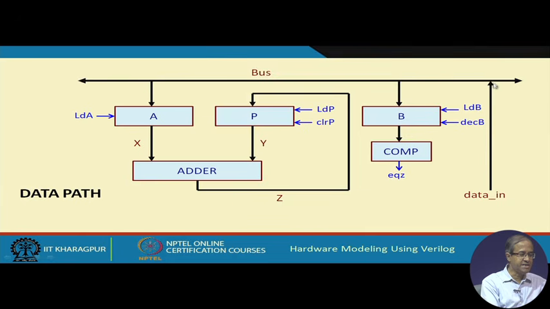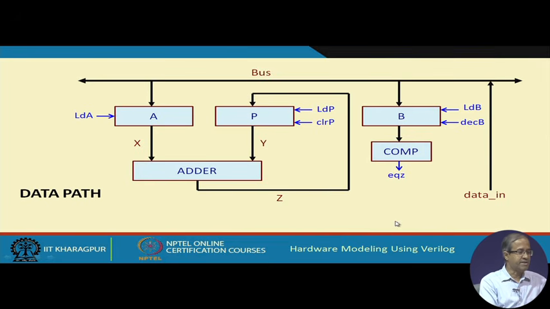From this data in, the data can go either to the input of A or to the input of B. There are two control signals, load A and load B, which can be used to load this data either in A or in B. So, let us say first we apply the value for A, activate load A, it gets loaded, then apply the second data, then activate load B, it gets loaded in B.